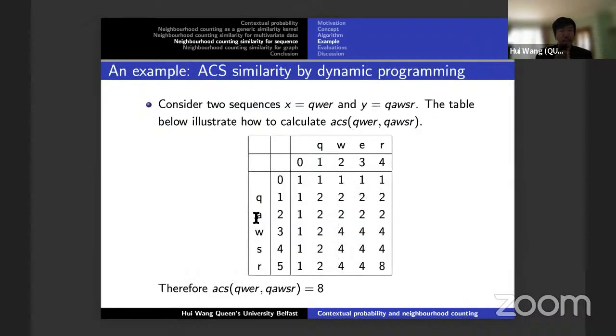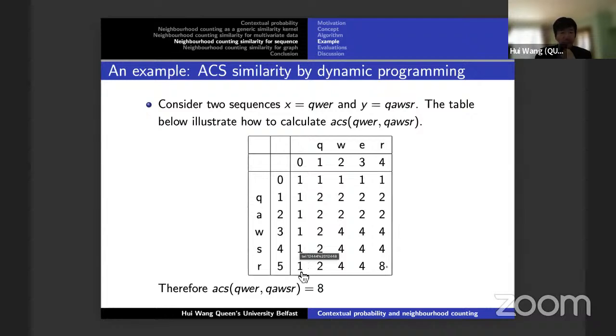Now let's take a look at a simple example. Here we have two sequences. To calculate the ACS, or the all common subsequences similarity, for these two sequences, we need to construct such a table. We have the sequence in both dimensions, and then we index each position like this. The first row and the first column of the matrix are given as 1.